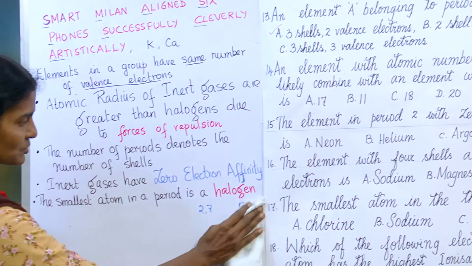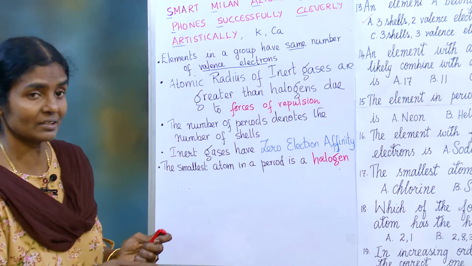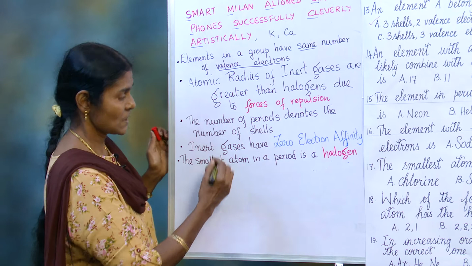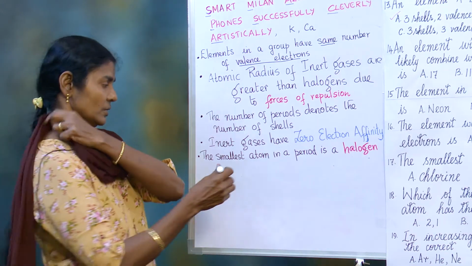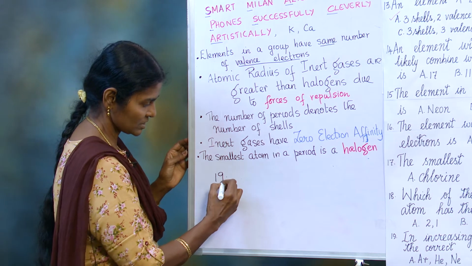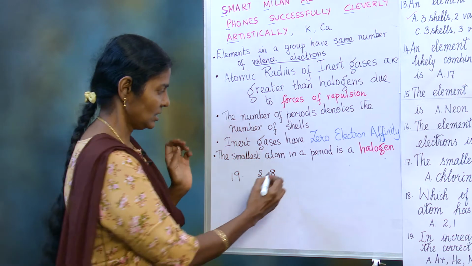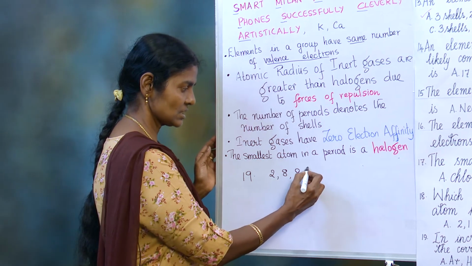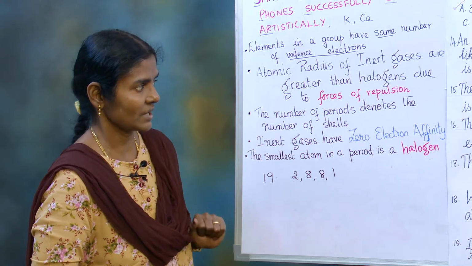The best thing to do is to write the electronic configuration. Always, children, remember to write the electronic configuration for this. Now with atomic number 19, this would be 2, 8 in the second shell, another 8 in the third shell and 1 in the fourth shell. So this is the electronic configuration of 19.